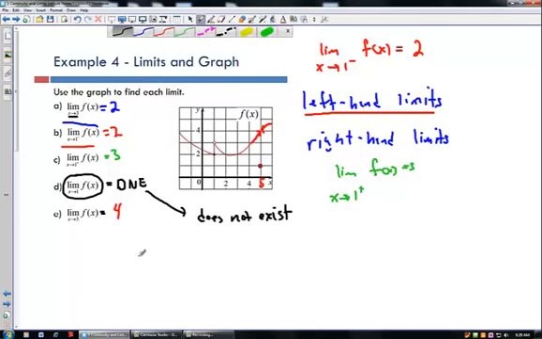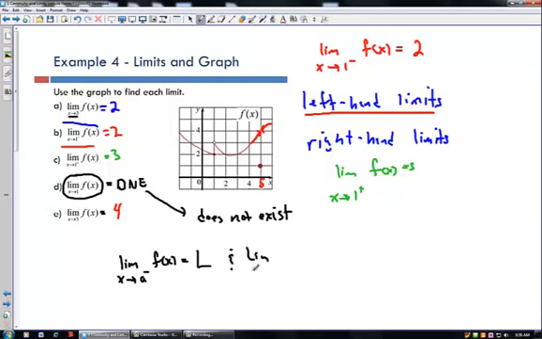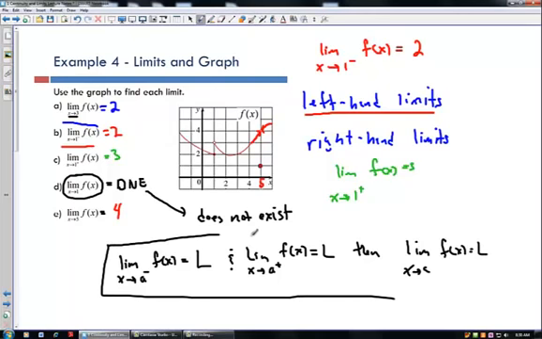So this is sort of what you might call the limit theorem, and the idea is if the limit as x goes to a from the left of f of x is equal to, let's say, L, and the limit as x goes to a from the right of f of x is equal to L, then we can conclude that the limit as x goes to a of f of x is equal to L. So this is what I'm looking for in this graph in order to figure out the limit.